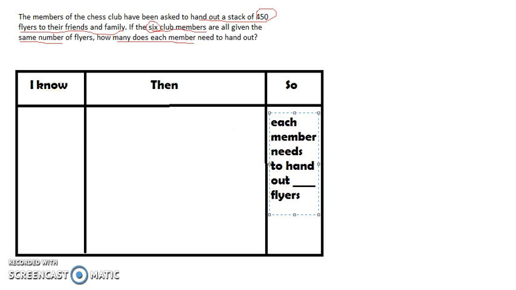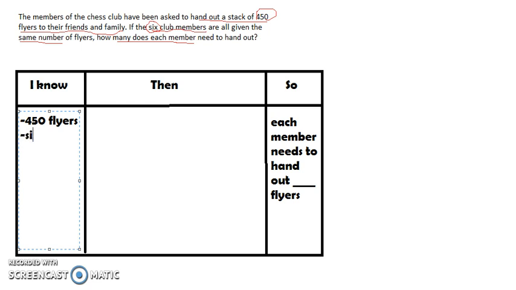Okay, now I want to read it again so that I can fill in my I know. The members of the chess club have been asked to hand out a stack of 450 flyers. So I'm going to write that, 450 flyers to their friends and family.